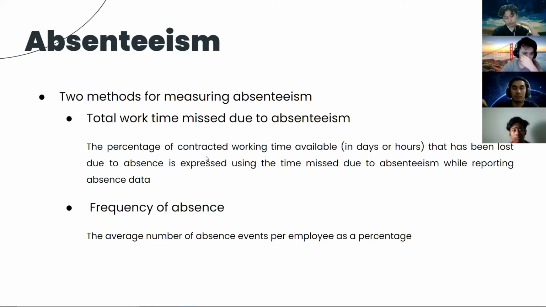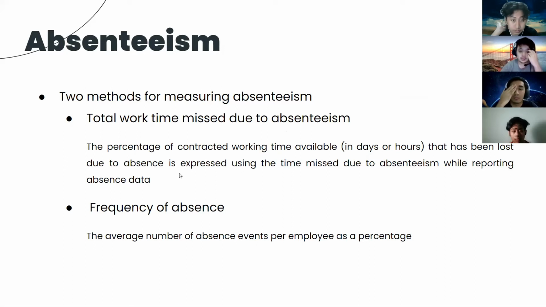The first one is total work time missed. That means the percentage of contract working time available that has been lost due to absence, expressed using the time missed due to absenteeism while reporting absence data. The second method is frequency of absence. That means the average number of absent employees per event, calculated as a percentage. So those are the two methods that we use to measure absenteeism.